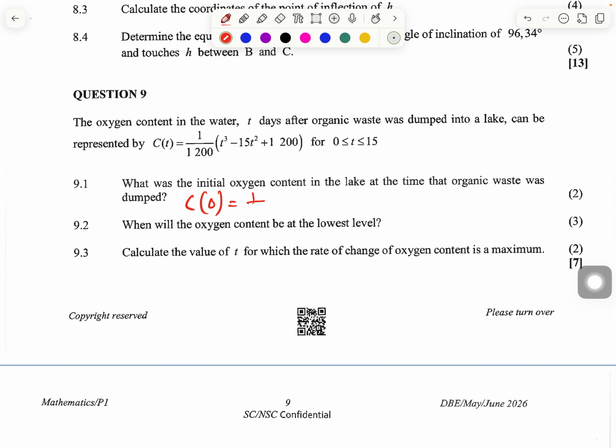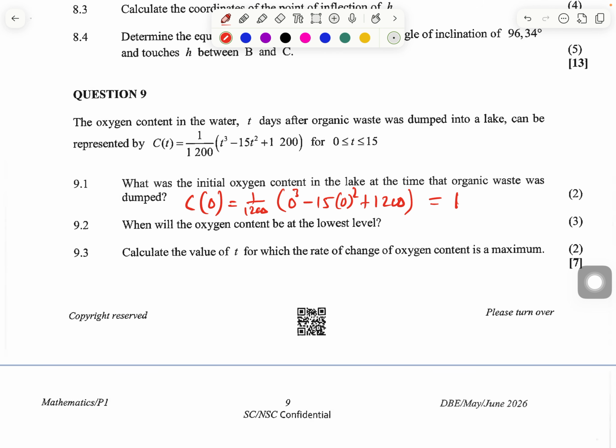And then you have 1 over 1200 into 0 cubed minus 15 into 0 squared plus 1200. And then what do you get? So this is going to be 0. So it's 1000 over 2. So this is going to be 1. Okay, the answer was 1 there.